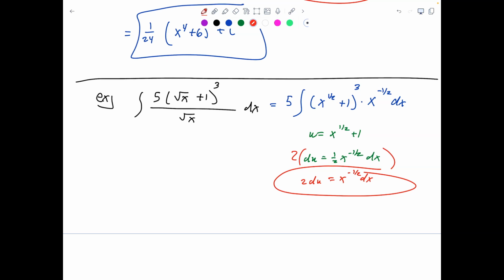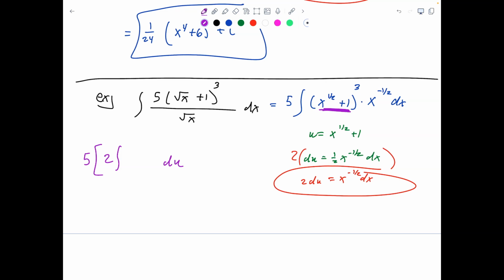So remember, don't forget the 5. So this becomes 5 times the integral, okay, because that's 2 du. It's going to be 2 times the integral of u cubed du. And what is my u going to be in this problem? You can't say x. You're no longer saying x. This is my u. So what does it become?